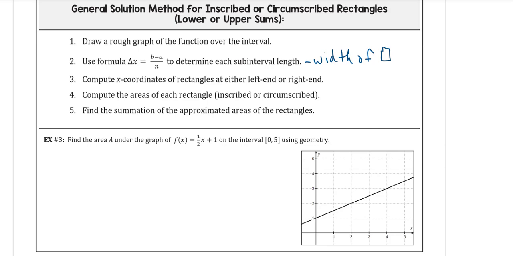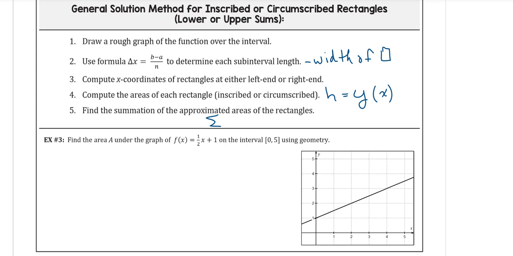We figure out what x-coordinates we're using. Then we find the areas, and the other part of our area, the height of our rectangle, is going to be y of x at those points. Then we do the summation of the areas. That's where we use the summation notation.